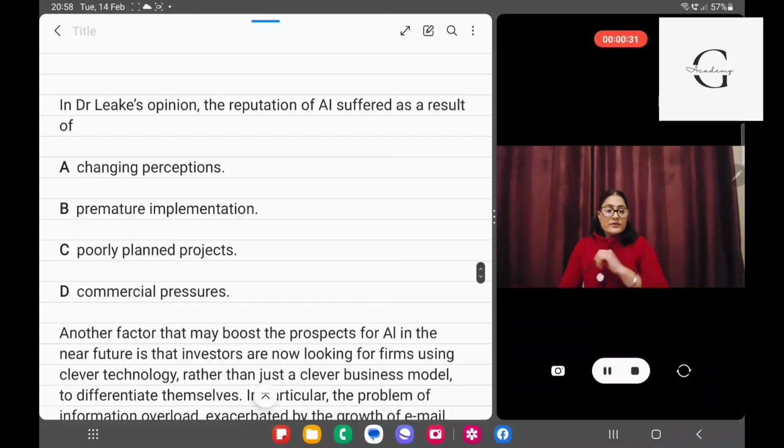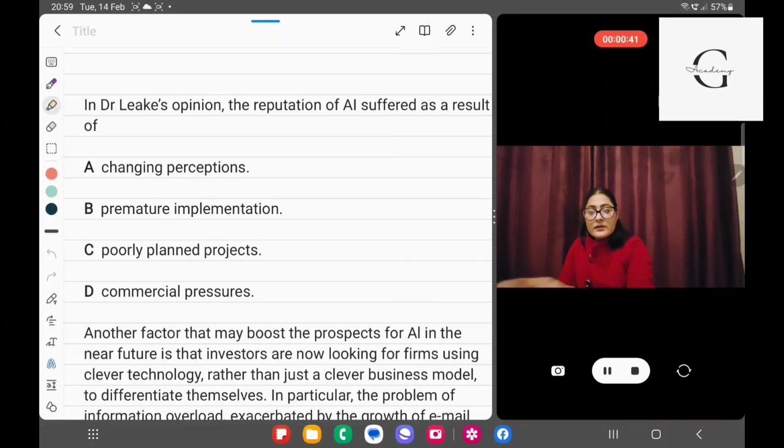Again, I'm going to focus on the question first. So the question is, in Dr. Lake's opinion, the reputation of AI suffered as a result of... So let's highlight the keywords first. So this is the reputation of, suffered as a result of.